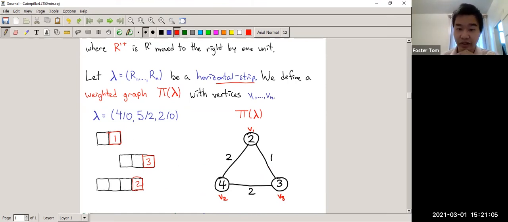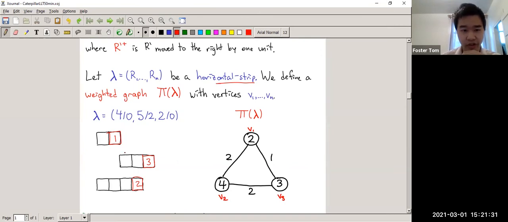I'm going to say that each vertex has a weight, which will just be the number of cells in the corresponding row. So V1 has weight 2, V2 has weight 4, and V3 has weight 3. And then I'm going to draw edges if I can make an inversion between cells in the corresponding rows, and I'm going to weight the edge by the maximum number of inversions I can make. So this is where this integer is showing up.